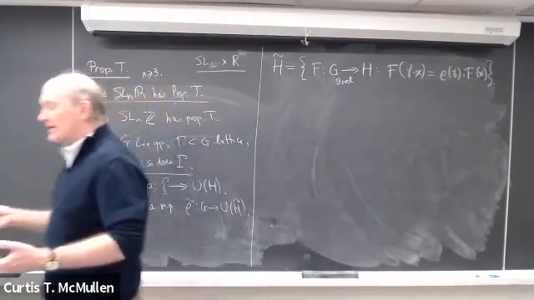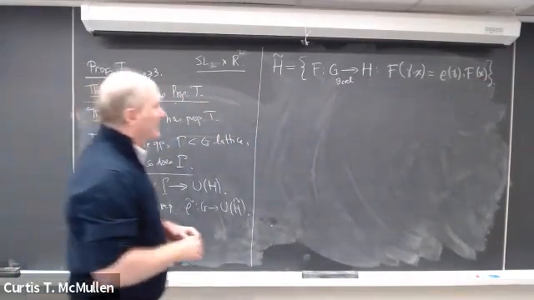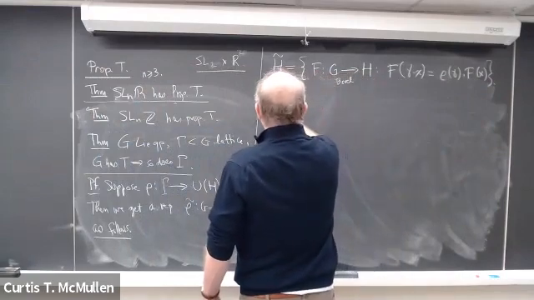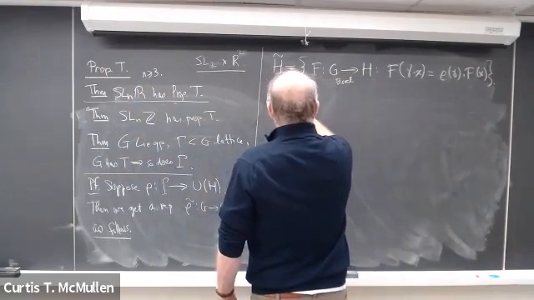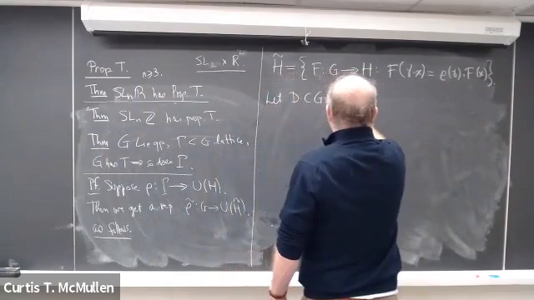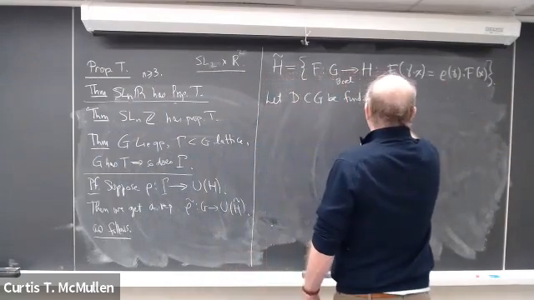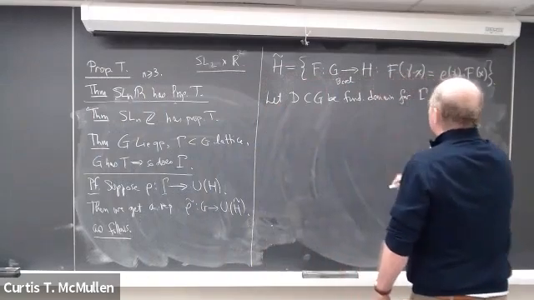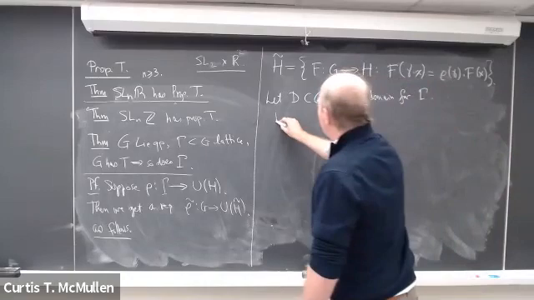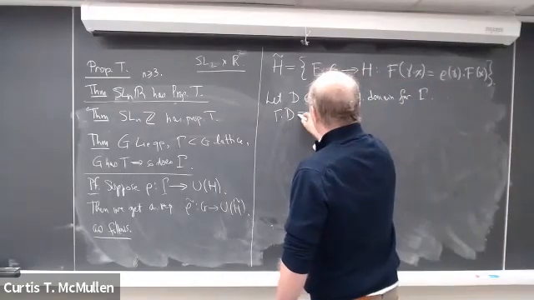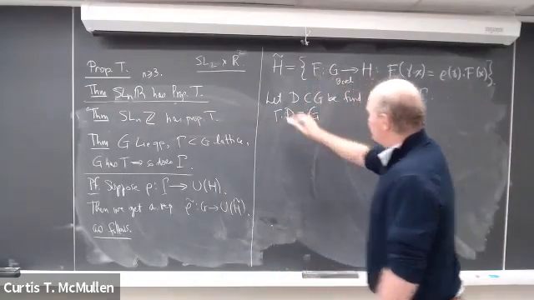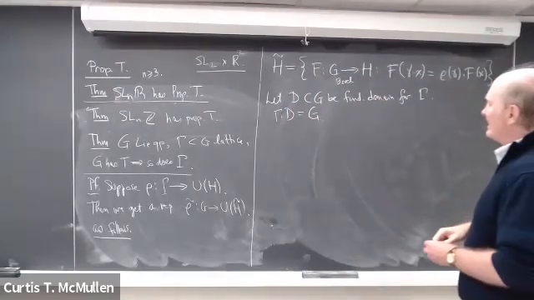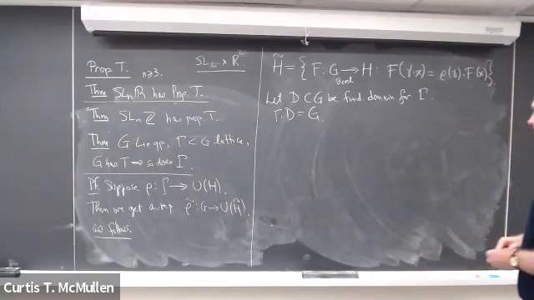Now, of course, you want to have a norm on this space. And the norm can be described as follows. We let D contained in G be a fundamental domain for the action of gamma. So in other words, we want gamma dot D to equal G, and these sets should all be disjoint. D might be a polyhedron, it might even be a Borel set in principle.